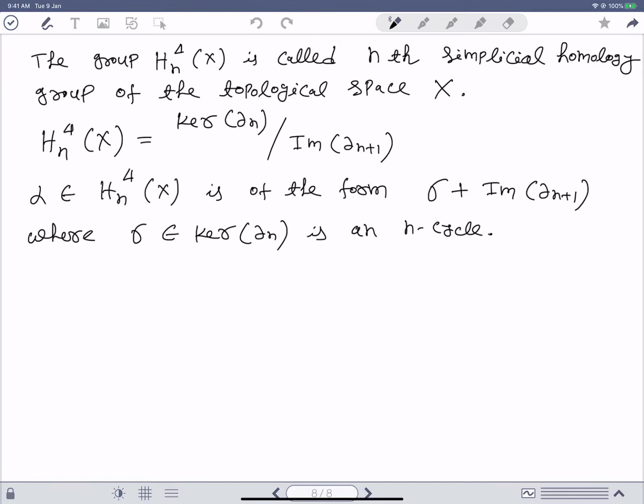Okay, so these are all about the notation. Now we shall see one example.